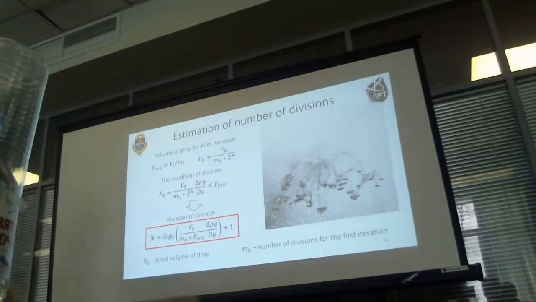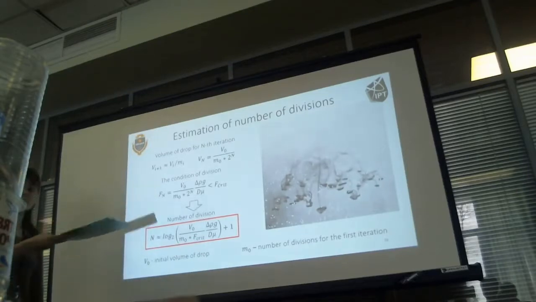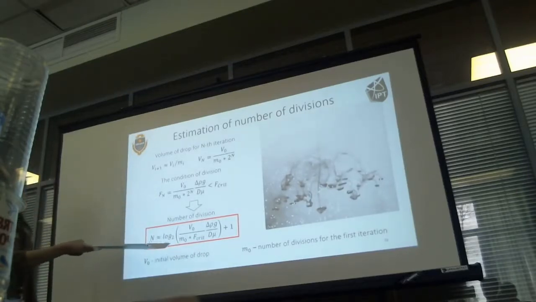So for each iteration, we only should compare the critical fragmentation number with the fragmentation number for this ring. So finally, we obtain quite a simple logarithmic expression for the possible number of divisions.